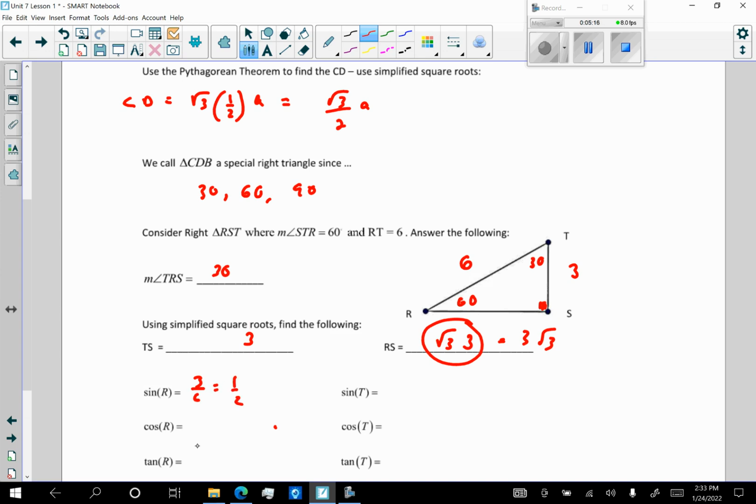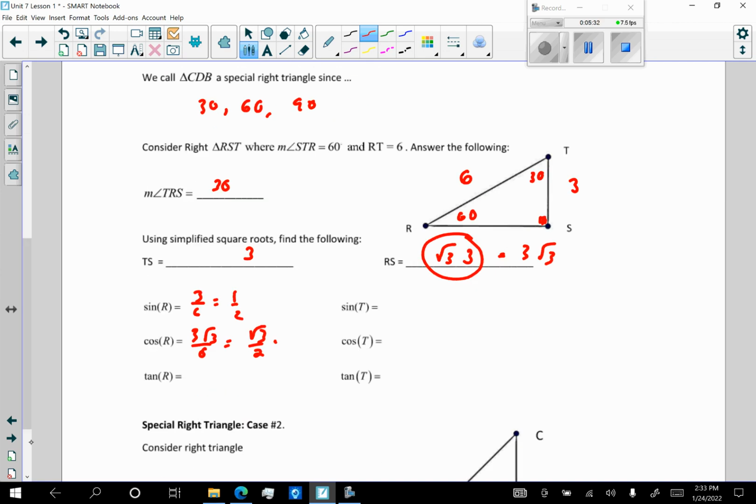The cosine of R is the adjacent over the hypotenuse, which in this case is 3 square root of 3 over 6, and that's square root of 3 over 2. The tangent of R is the opposite over the adjacent, which is 3 over 3 square root of 3, which is 1 over square root of 3, and multiplying by square root of 3 over square root of 3, this is square root of 3 over 3.